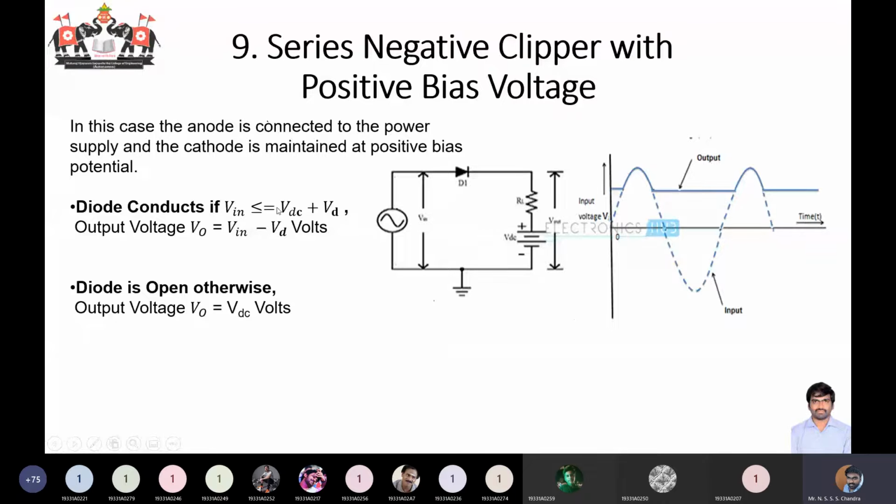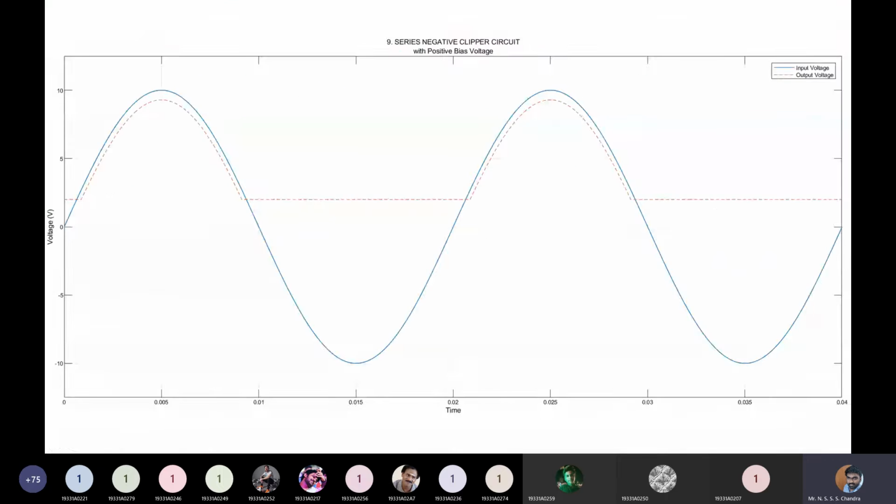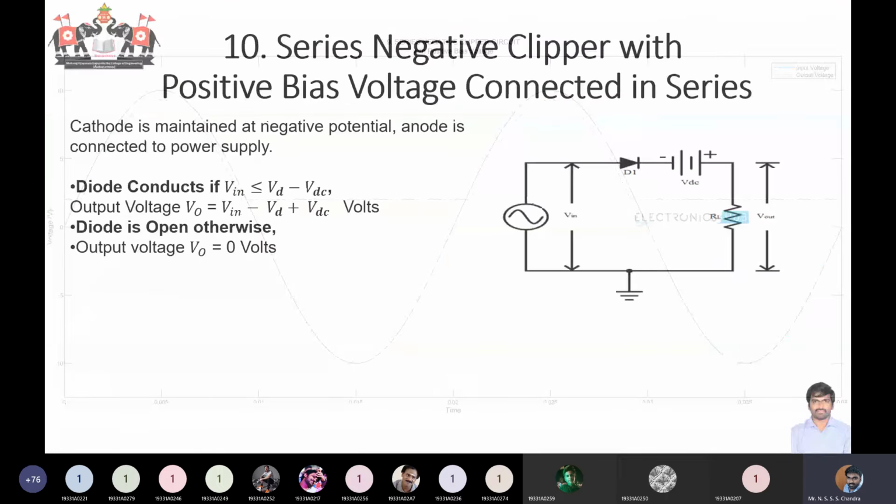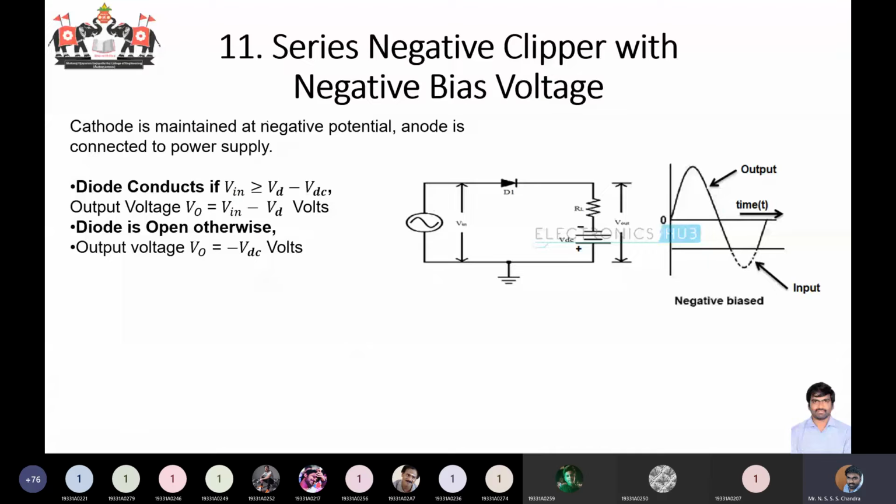So Vin should be less than or equal to minus VDC plus VD. So if we come back to this 11th circuit, here Vin should be greater than minus VDC plus VD, and then output should be equal to Vin minus VD.